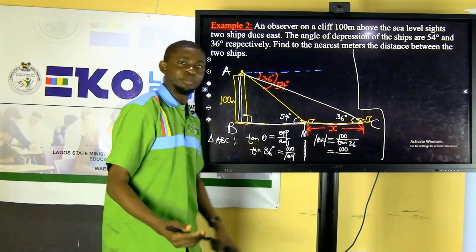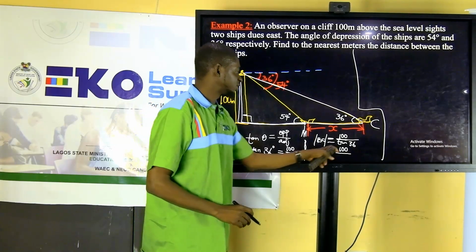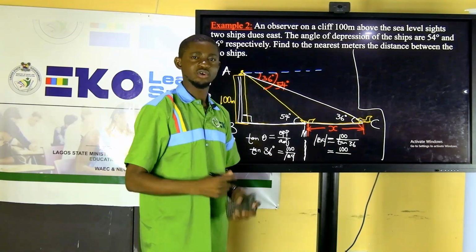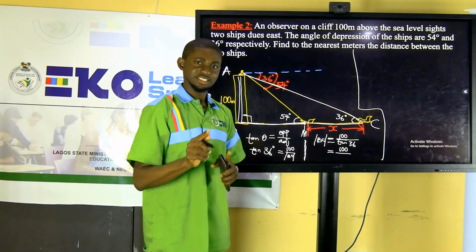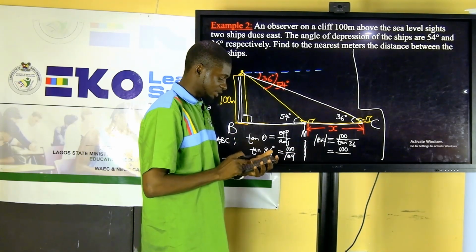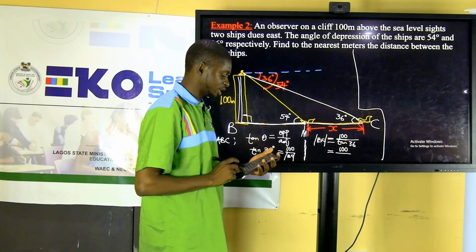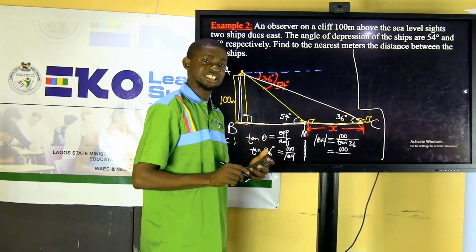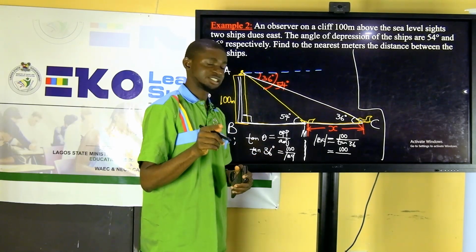At this point, we reckon on our calculator for the tan 36 or our 4-figure table. So take that, check tan 36. So tan 36 from my calculator here gives me 0.7265. Are we together? Yes.